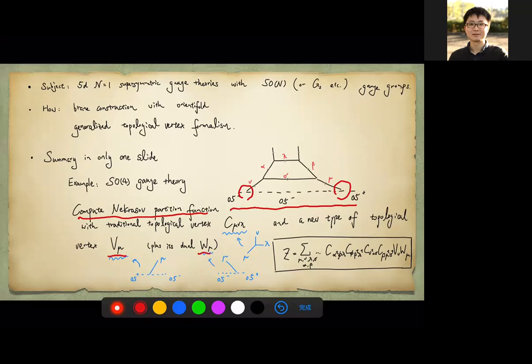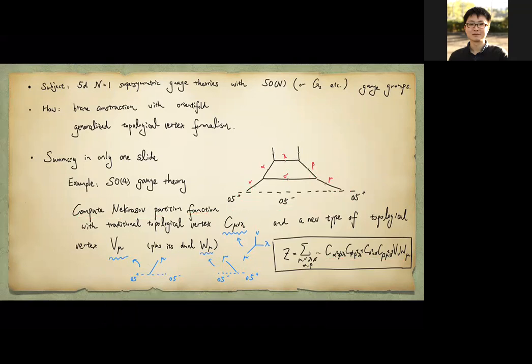The topological vertex formalism looks like this: we multiply these topological vertices together, and at the end we sum over all the Young diagrams that represent the internal degrees of freedom of a 5-brane like this. That's the summary in just one slide.